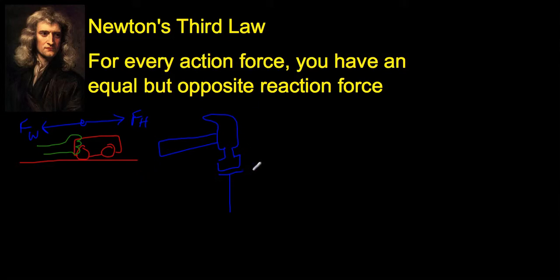It's the same kind of idea where we know that the hammer is going to be driving that down. And according to Newton, the force of this hammer going down is going to be exactly equal to the force of that nail. It's supposed to be N there, sorry. Coming back up. And then that's where it can be a little confusing. If I have equal forces, one going up, one going down, how does this nail get driven into the wood?